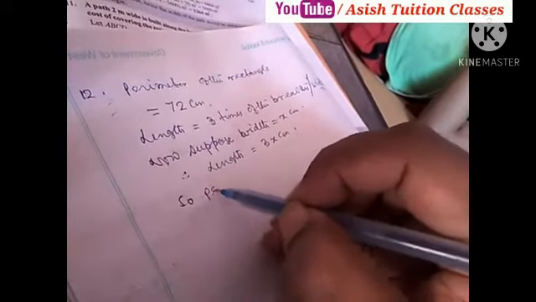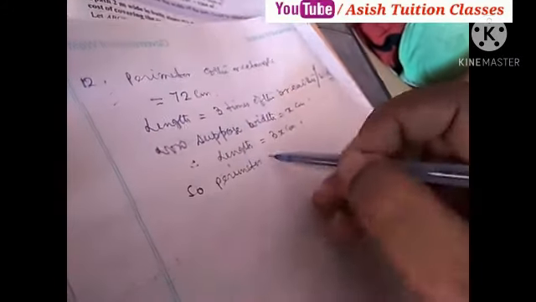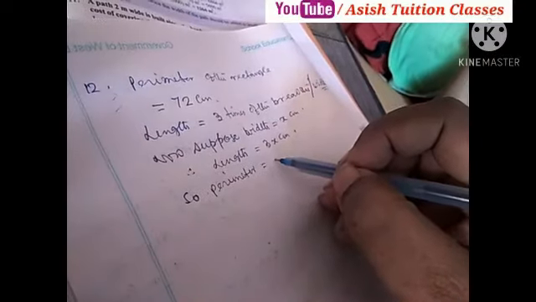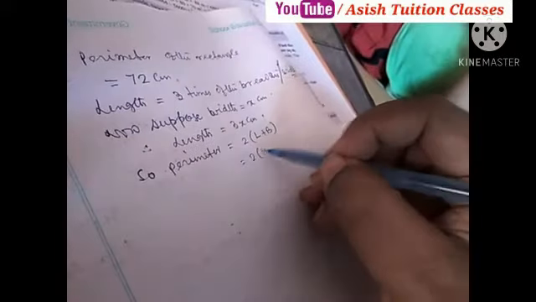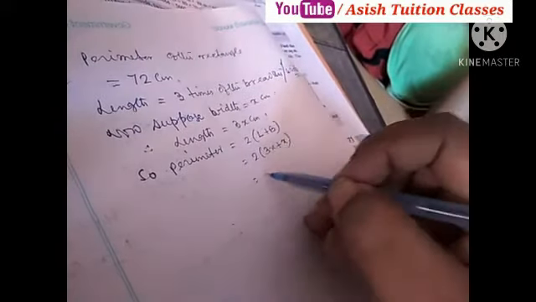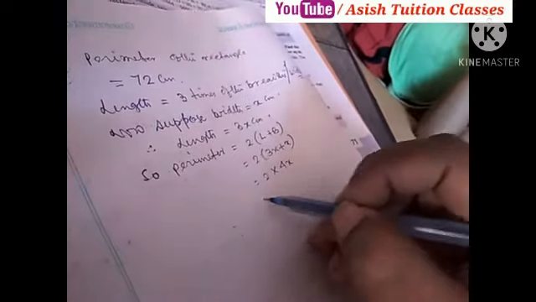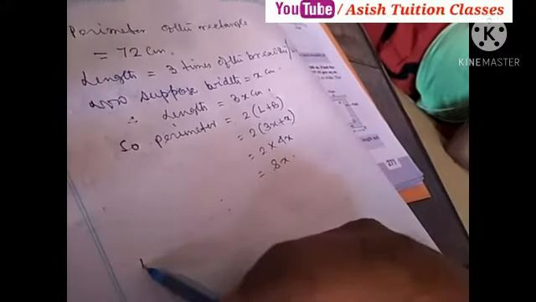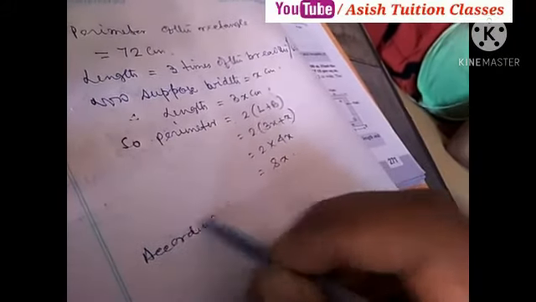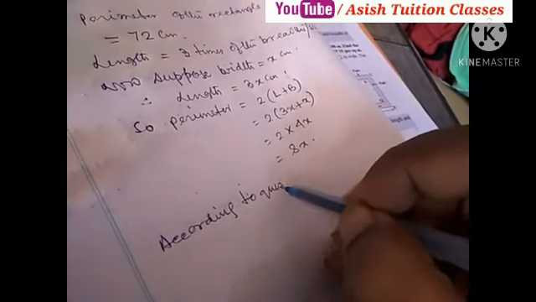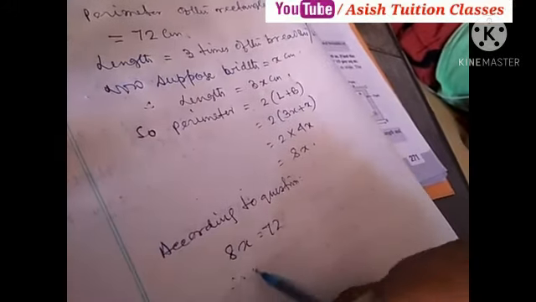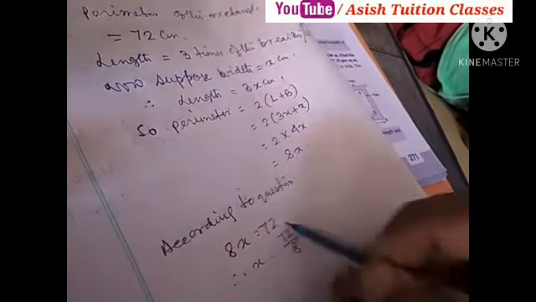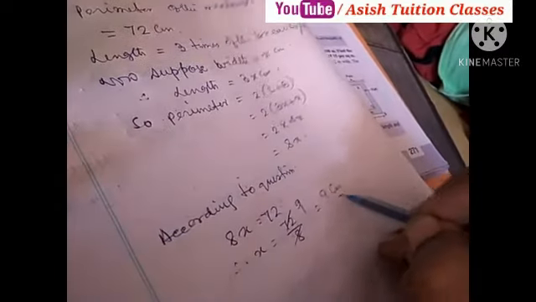So perimeter is equal to 2 into (L plus B), or width, 2 into (3x plus x), 2 into 4x, that means 8x. Now according to the question, 8x is equal to 72, therefore x is equal to 72 divided by 8, therefore 9 centimeter.